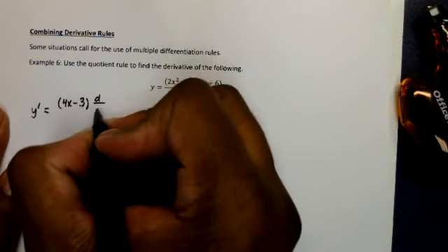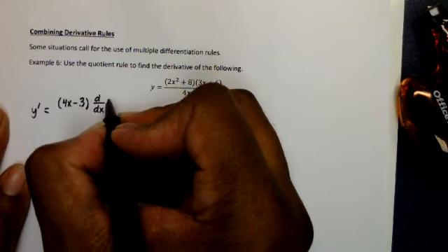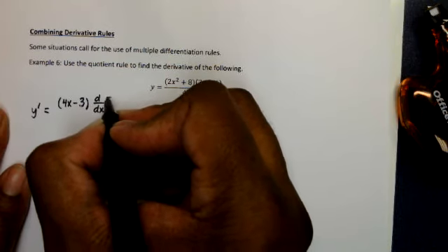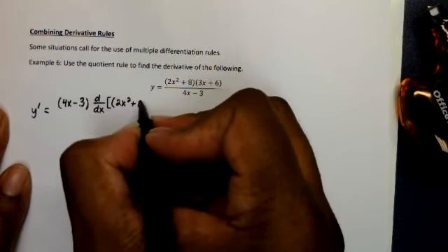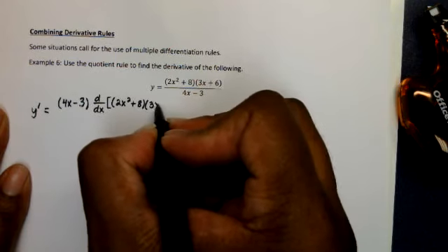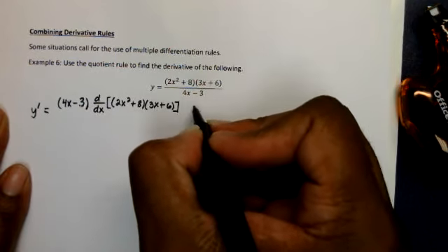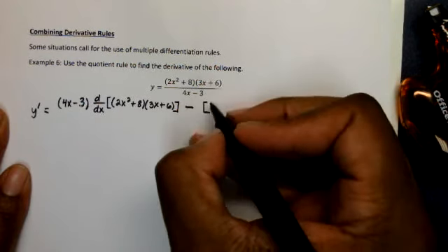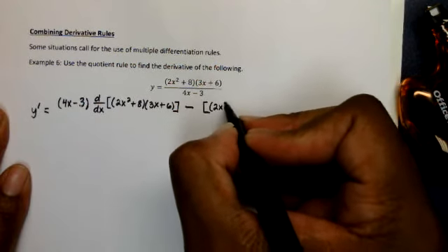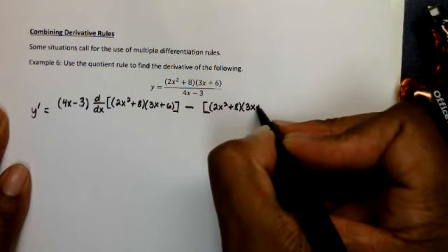Here, the derivative of that numerator, I'm going to have to use the derivative with respect to x of this right here, (2x plus 8) times (3x plus 6), and then minus the high, which is that (2x plus 8) times (3x plus 6).